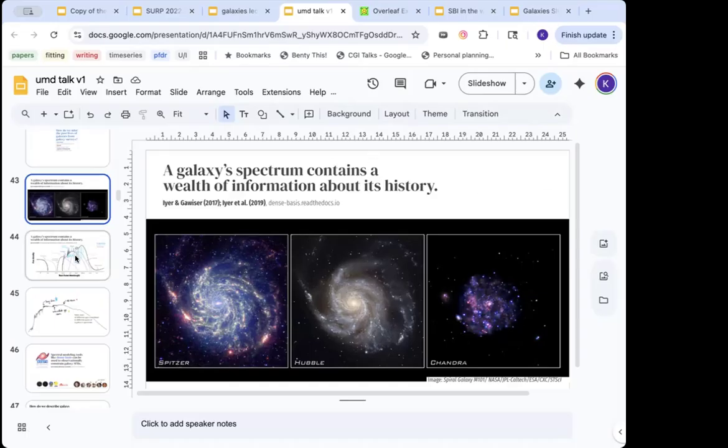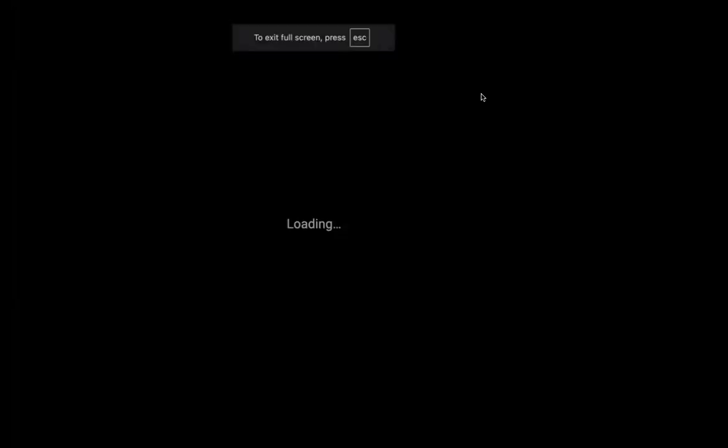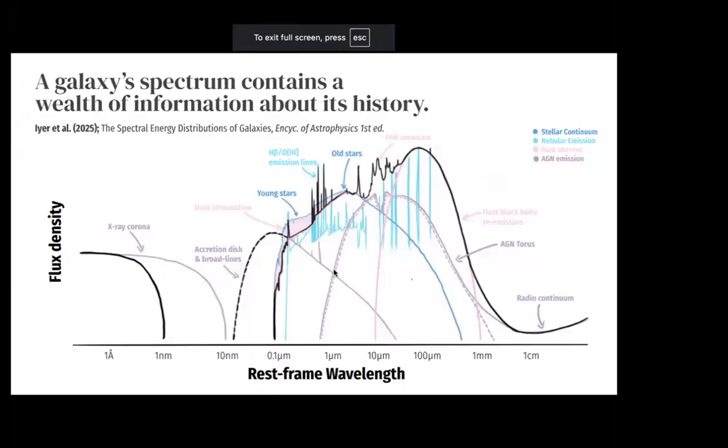And the study of galaxy spectra or galaxy spectral energy distributions, or SEDs as we like to call them, really depends on which part of the spectrum you're interested in and what the sources of emission are that are putting out energy at that particular wavelength.